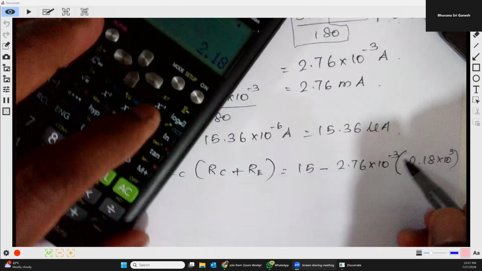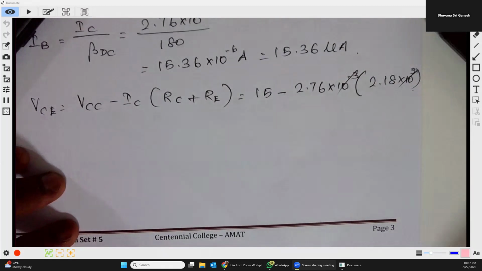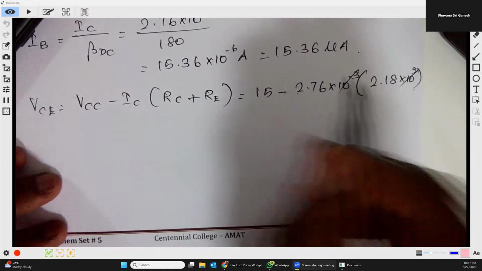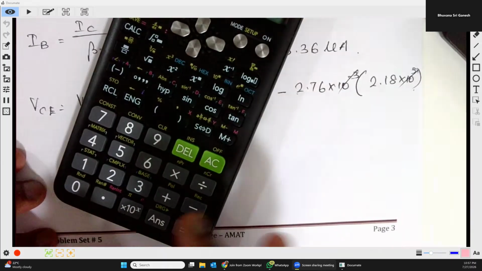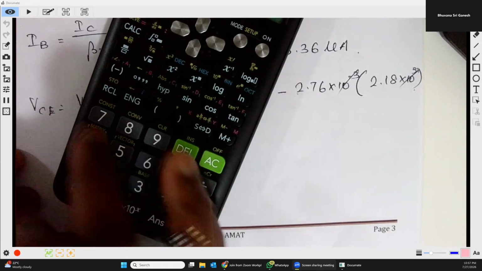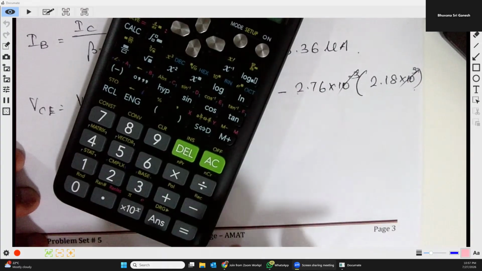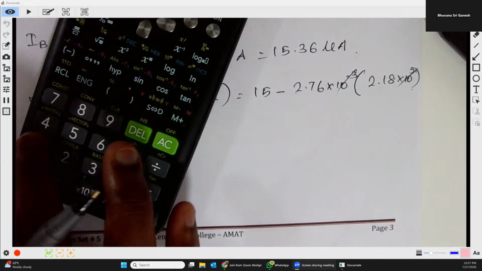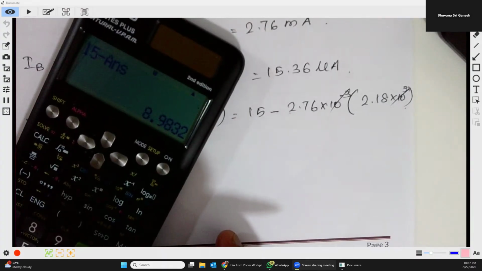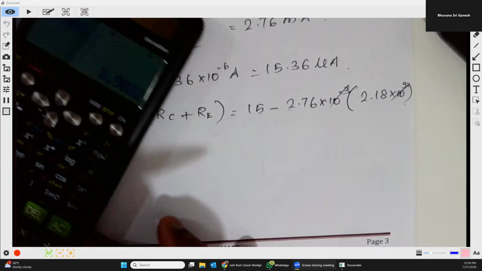In this multiplication, the powers of 10 will cancel. So 2.76 times 2.18 equals 6.01. 15 minus answer equals 8.98 volts.